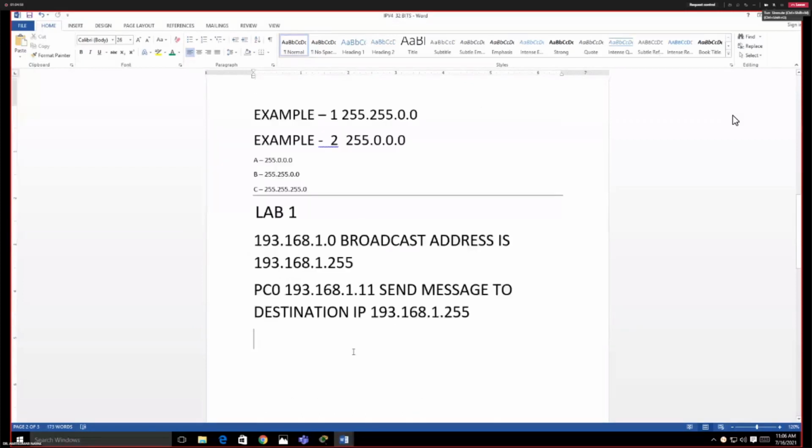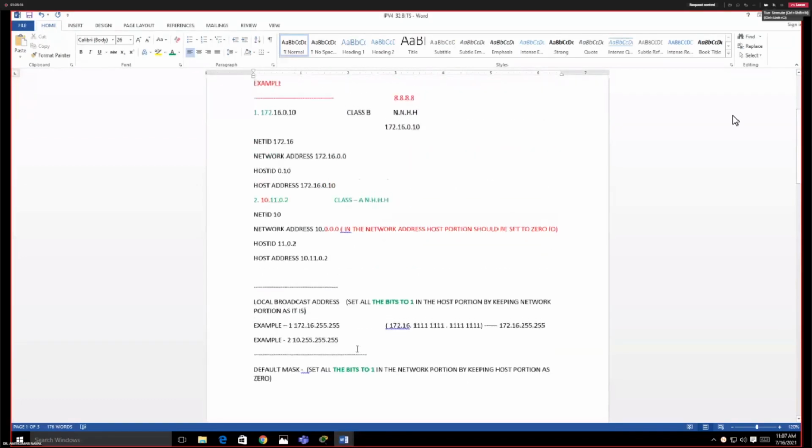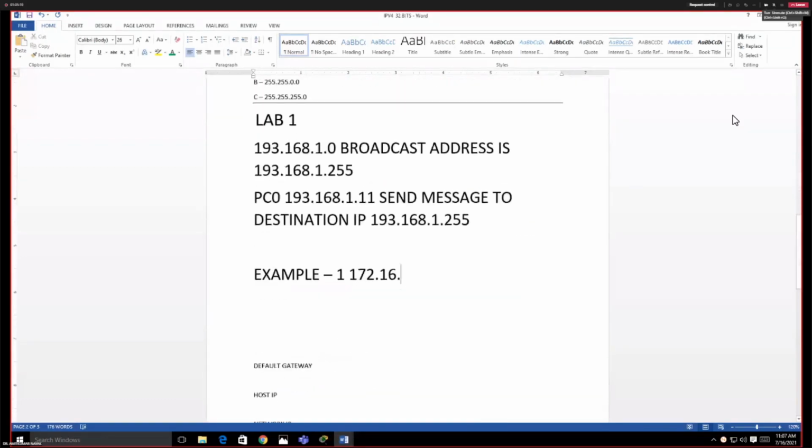Now let me give you an example. Please concentrate on your screen. In example 1, the IP address given to us is 172.16.0.10. Yes or no? Yes. Is it the IP address of a host or a network?